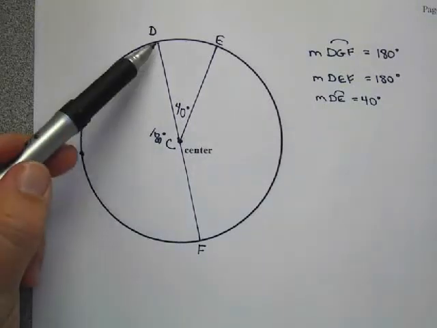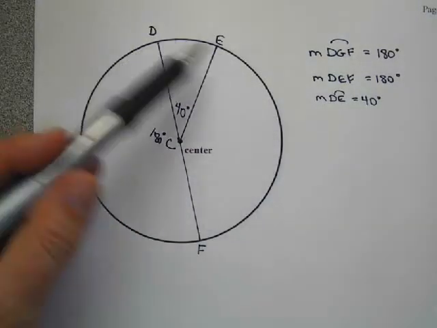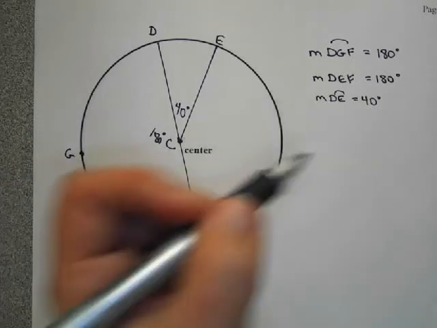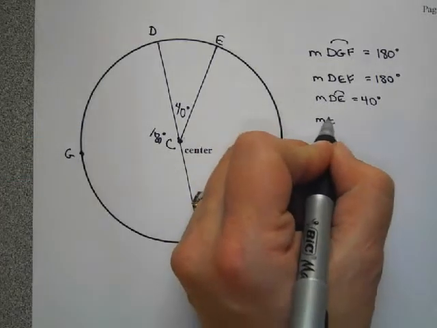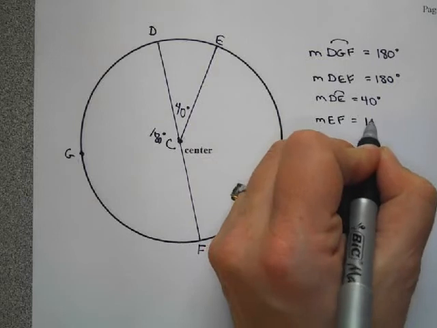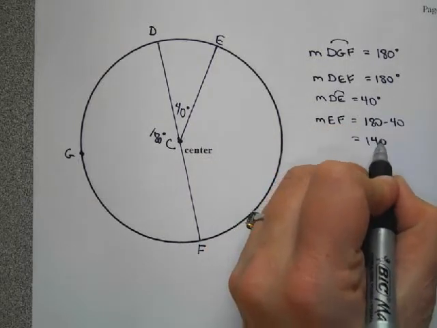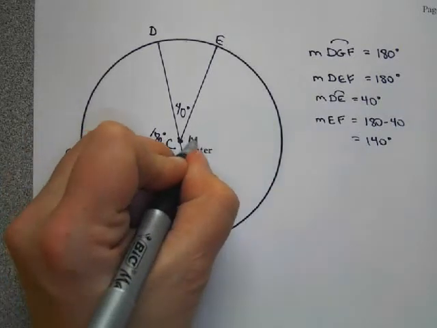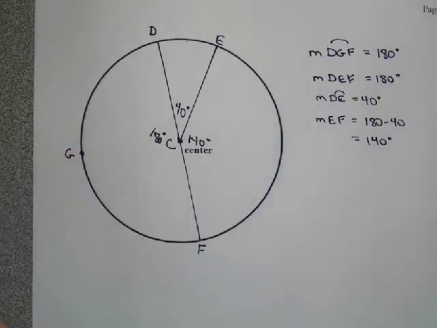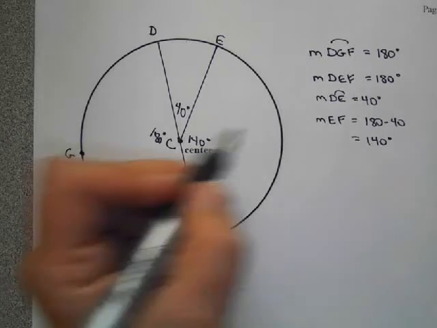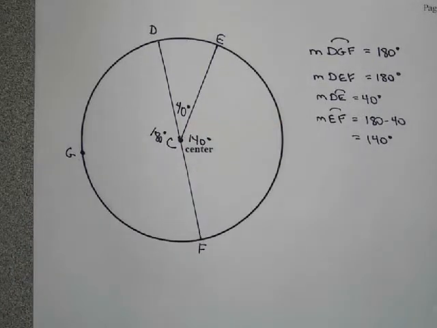And since we know that this side is a semicircle, then to get arc EF, we would simply have to do 180 minus 40, and that would be 140 degrees. So it's a little bit like a puzzle. So to find the measures of the arcs, we find the measures of the central angles.